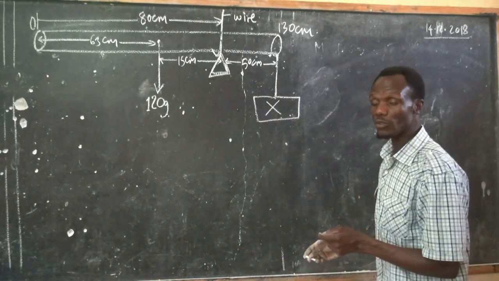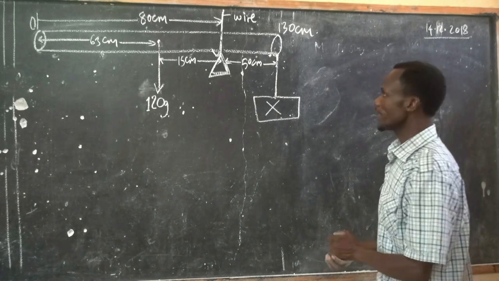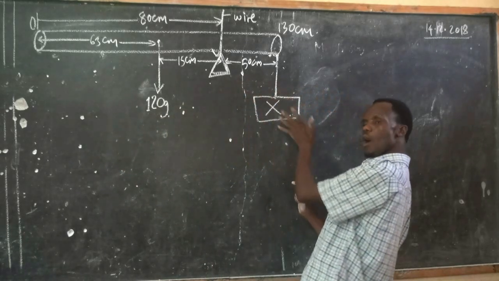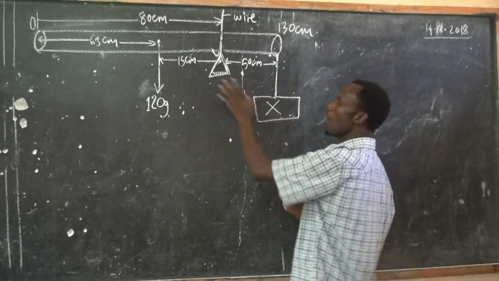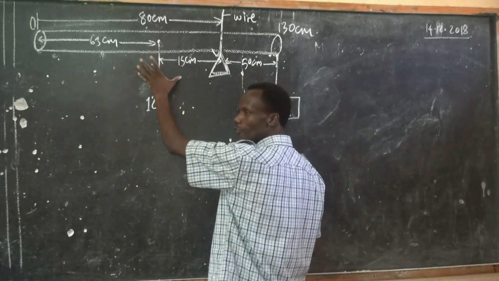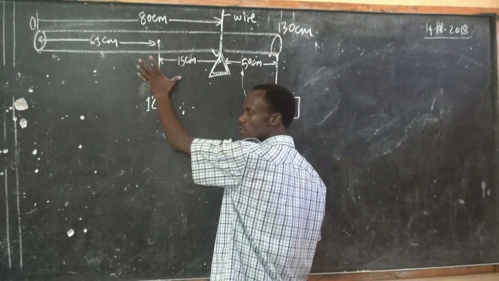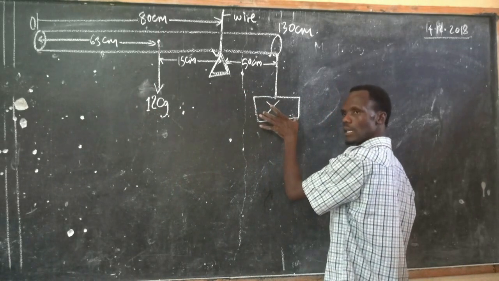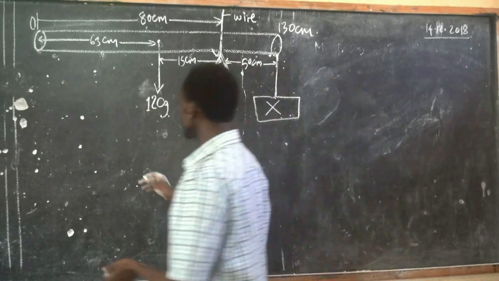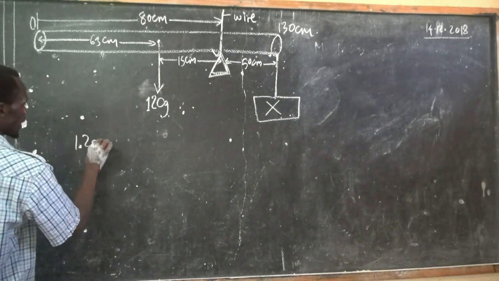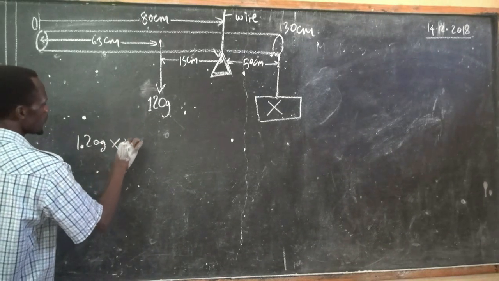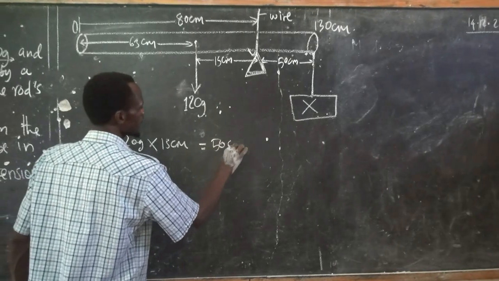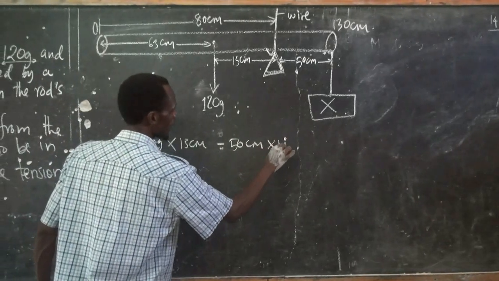Now, according to the principle of moment, the sum of anticlockwise moments is equal to the sum of clockwise moments. The moment to the left, that is anticlockwise moment, is produced by 120, and here it is produced by x. In short, it is 120 gram times 15 centimeter is equal to 50 centimeter times x.